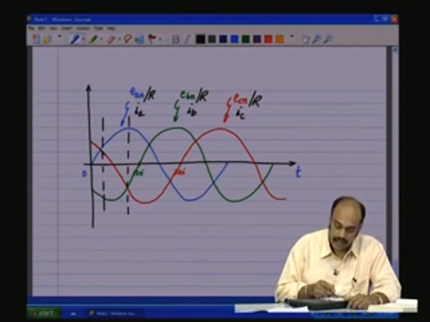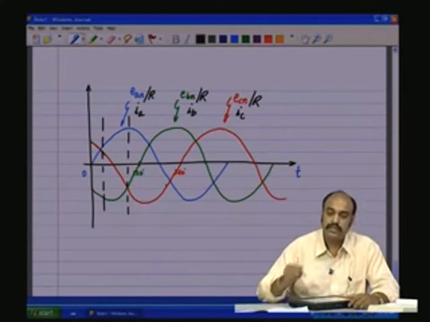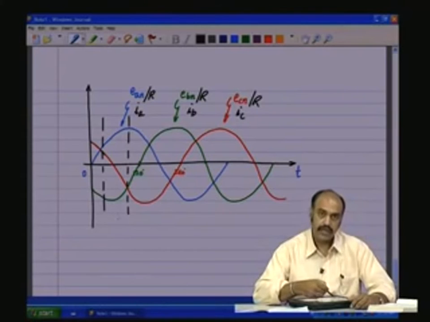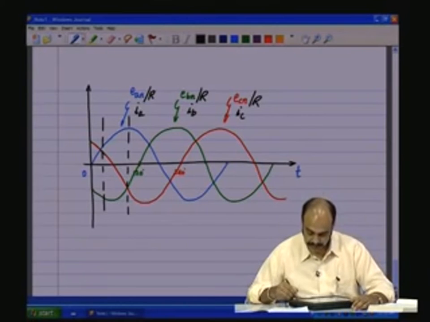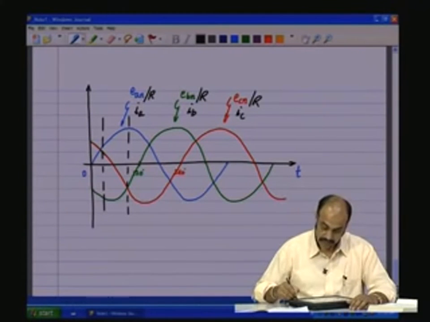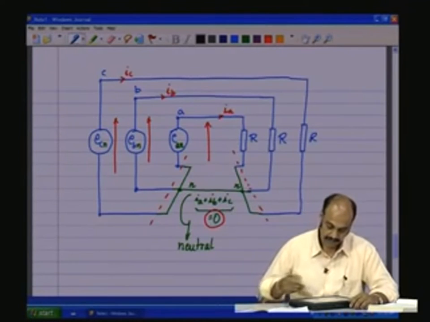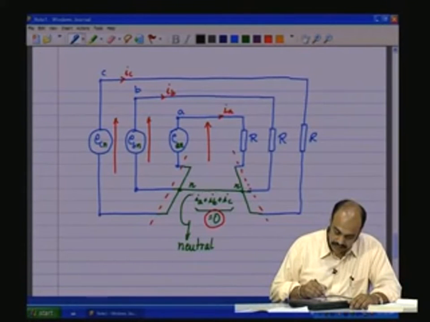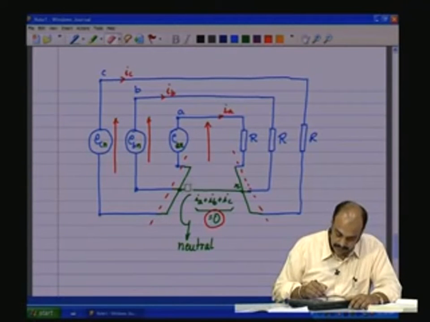So, E A N by R is I A, E B N by R is I B, E C N by R is I C. So, they also will have similar waveforms. So, you will see that at every instant of time I A plus I B plus I C is equal to 0, and this will happen only if R's are same, balanced loads, and the voltages are same. So, this means that this wire is redundant, and you can now remove that wire here.